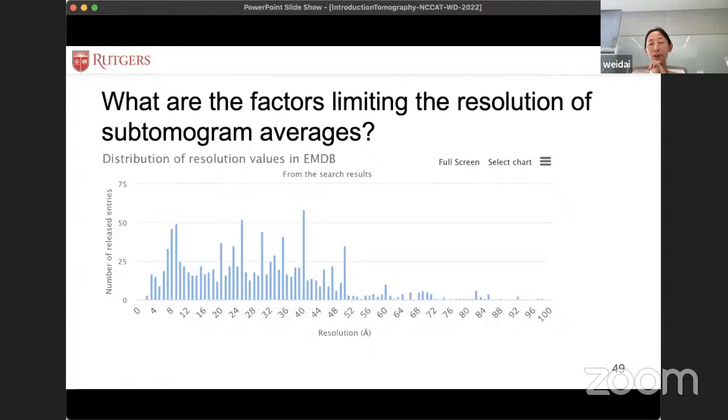Okay. So anybody else? Any other limiting factors? Those are very good topics you bring up.